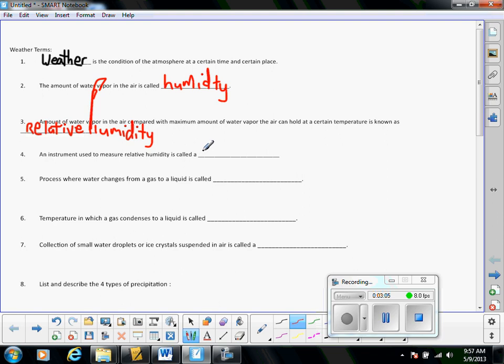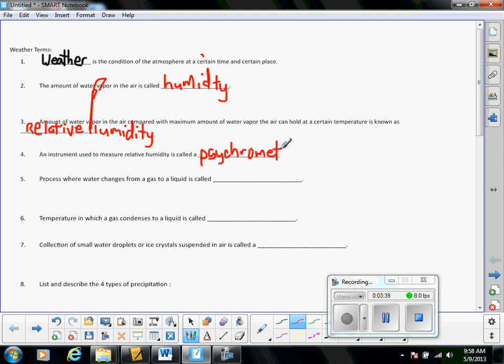Okay, we did this in class. We use an instrument to measure relative humidity, and it's called a psychrometer.